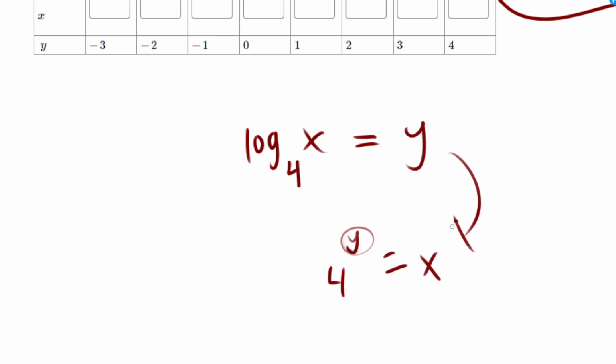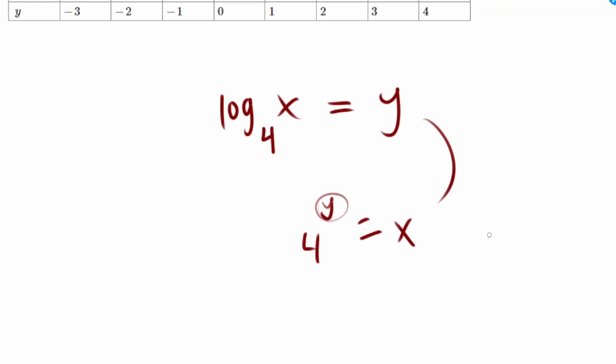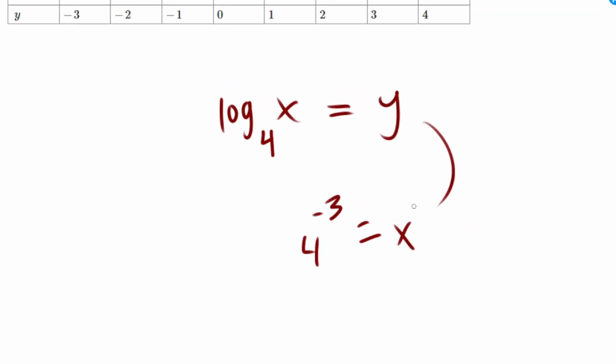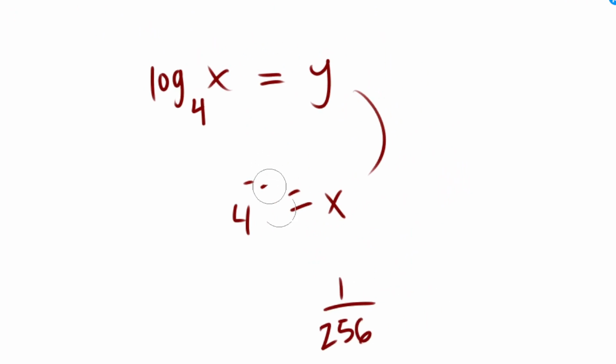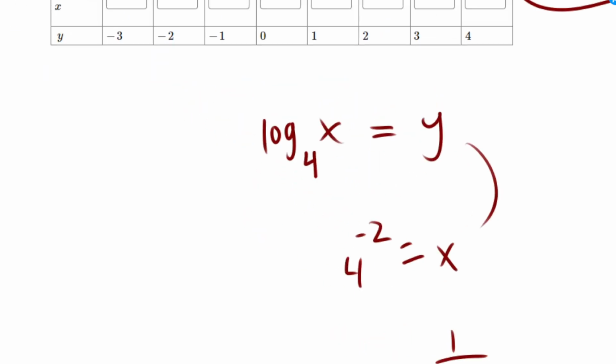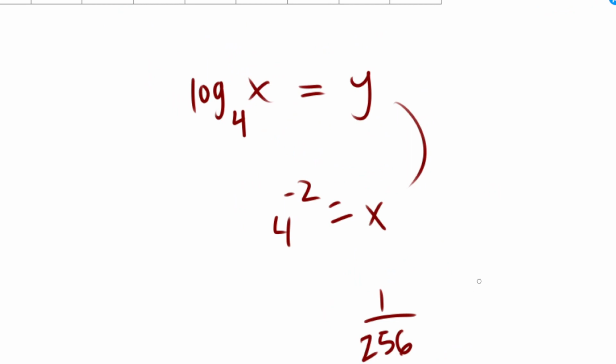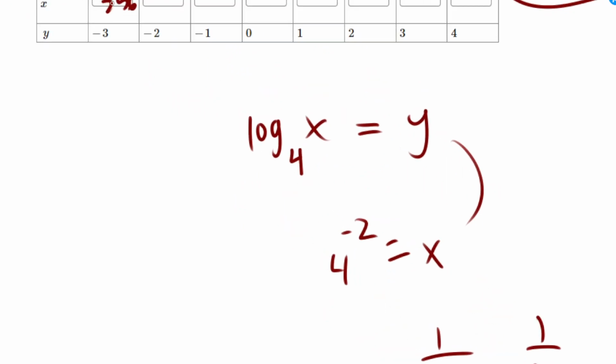This is the same thing. So now when y equals -3, your x is going to be the same as 1 over 4 cubed, which is 1 over 64.